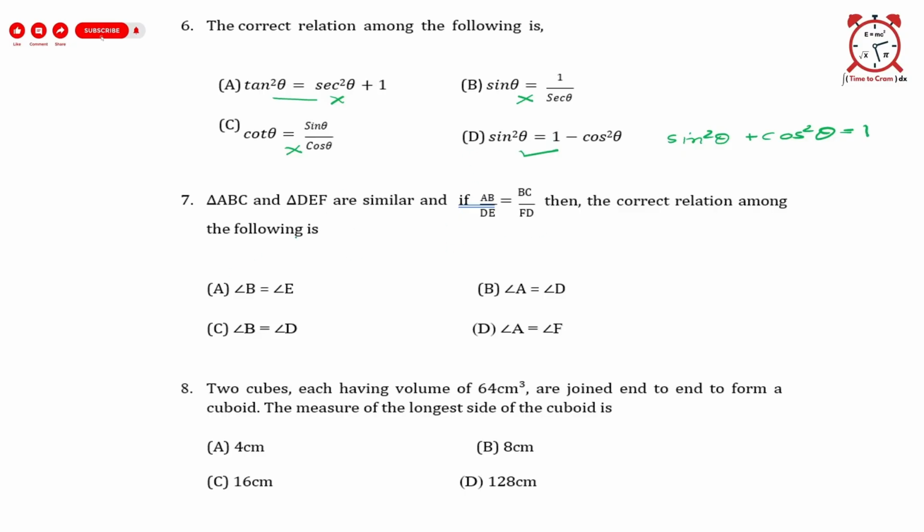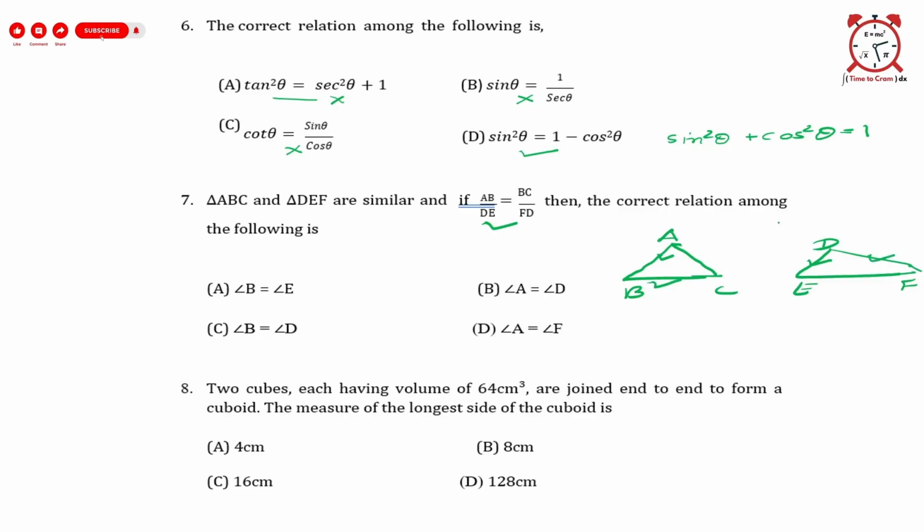Question number 7. ABC and DEF are similar triangles. So let us draw the triangles here, triangle ABC and triangle DEF. As per the given condition, AB upon DE means this side and DE means this side, and BC upon FD means this side and FD means this.